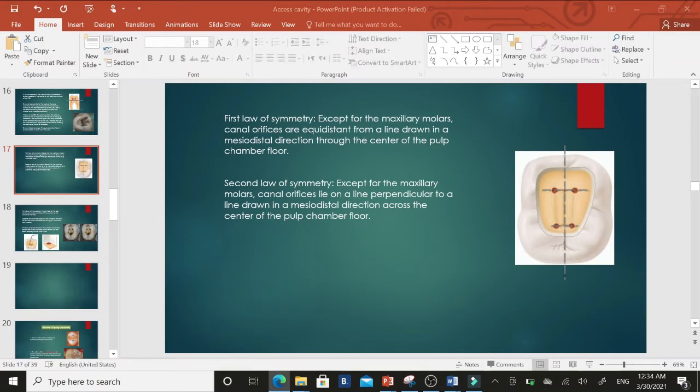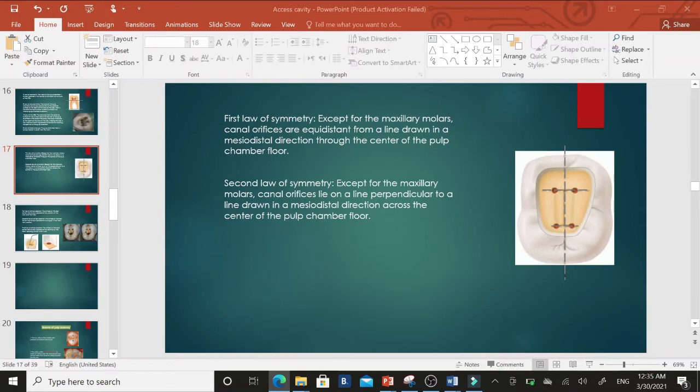Now, the second law of symmetry states that except for the maxillary molars, the orifices of the canals lie on a line perpendicular to a line drawn in the mesiodistal direction across the center of the floor of the pulp chamber. All right, so this is very useful in retreatment cases.